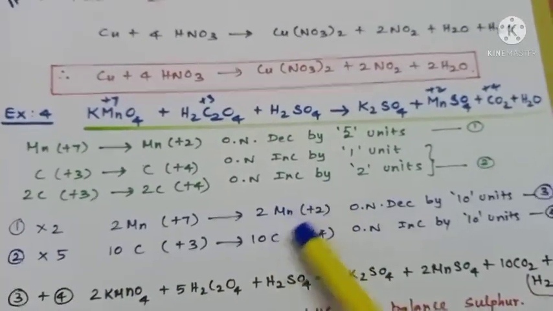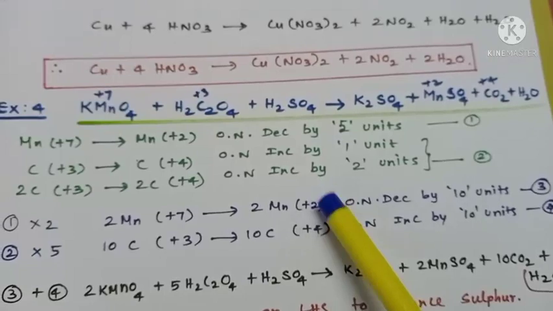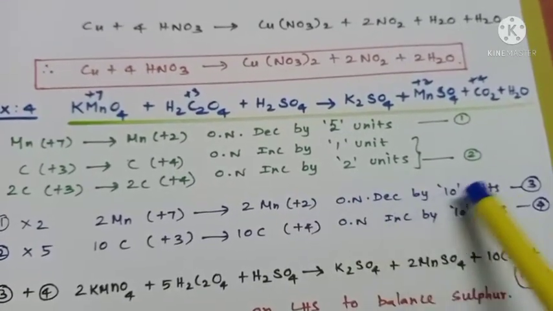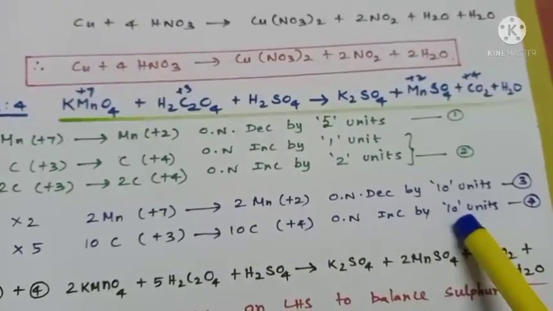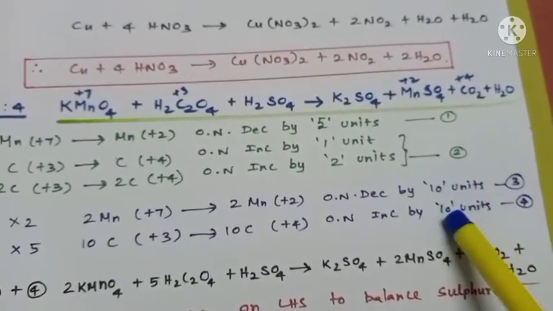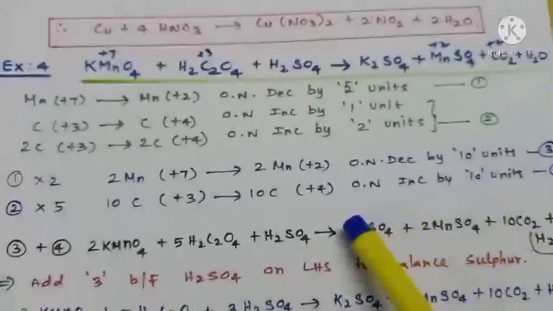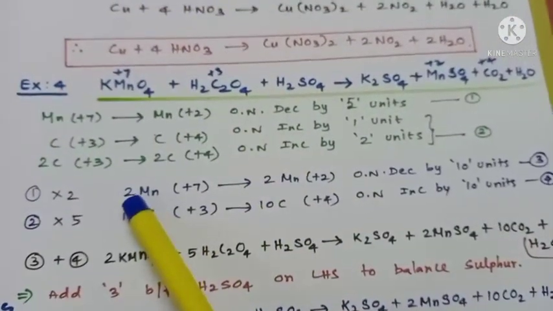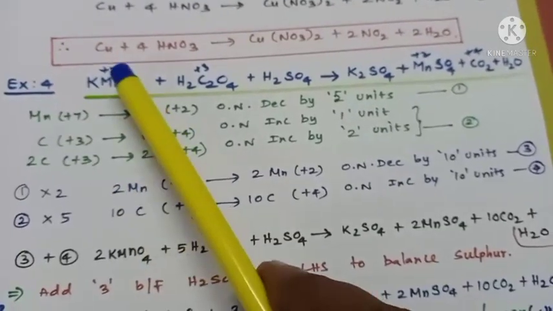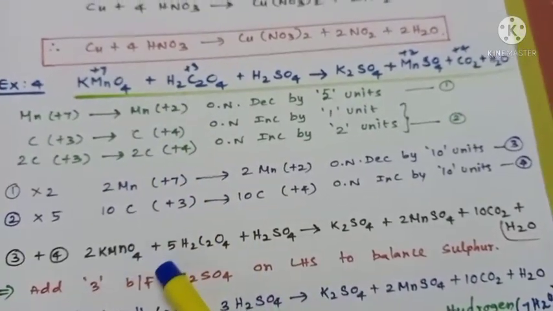After the multiplication, in the case of Mn, the oxidation number decreased by 10 units. In the case of carbon, the oxidation number increases by 10 units. Now these two are equal. Now equations 3 and 4 you can add together, by comparing with the original equation. First, equation 3 has 2 Mn on the left side, so write in the original form 2 KMnO4.